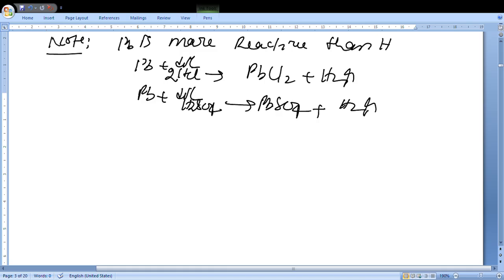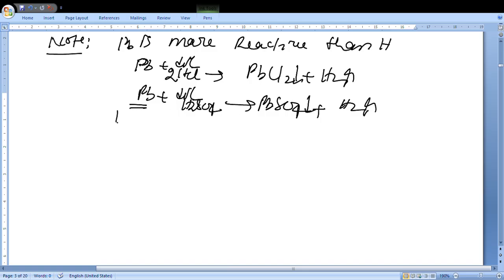But the problem is, will the reaction continue? Will the reaction continue? So your answer will be that the reaction will get stopped. Why? The reason is that PbCl2 and PbSO4 are insoluble in water.